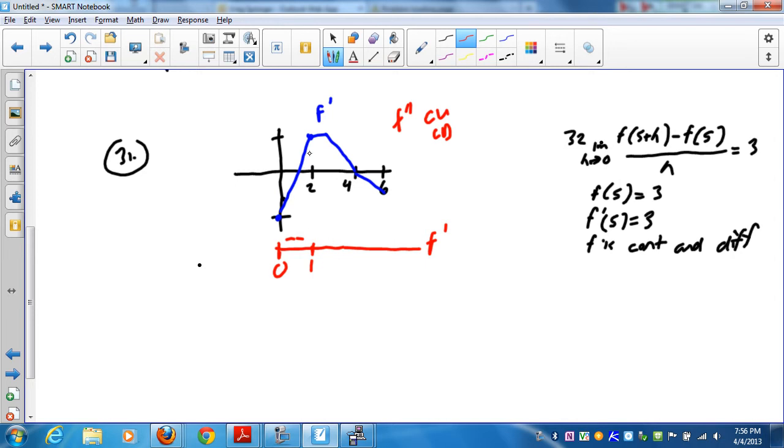And then from, say, 1 all the way to 4, since it's above the x-axis, it's increasing. And then from 4 to 6, it is negative, right?